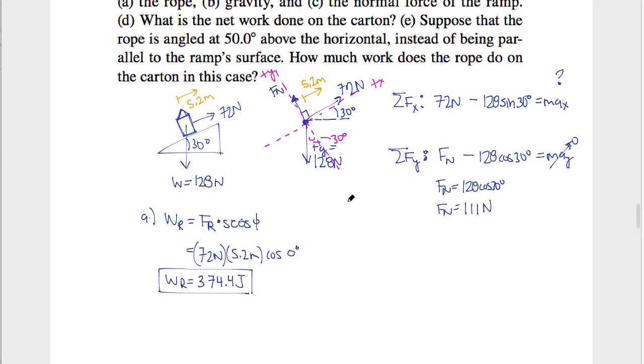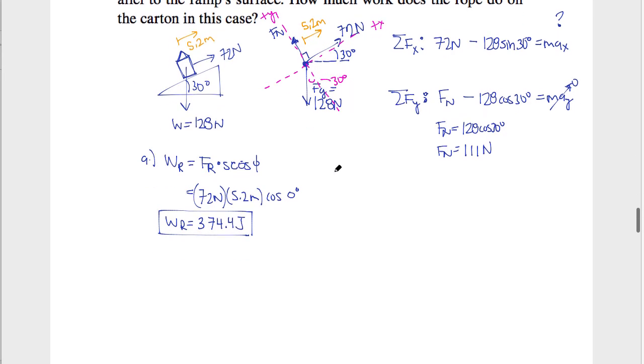Now B says, what is the work done by gravity? So the work done by gravity is going to be the force of gravity times the displacement times the cosine of the angle between them. Now the angle between these is going to be this angle here. And this angle is going to be 120 degrees, or more specifically, negative 120 degrees.